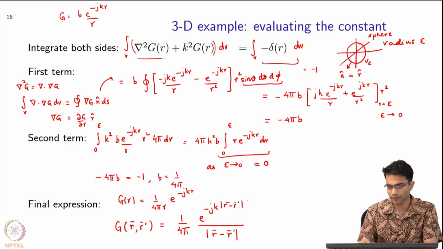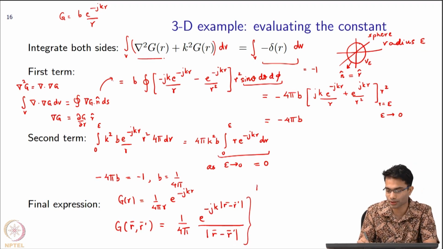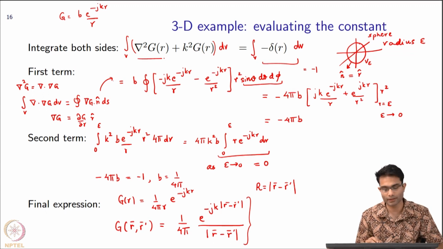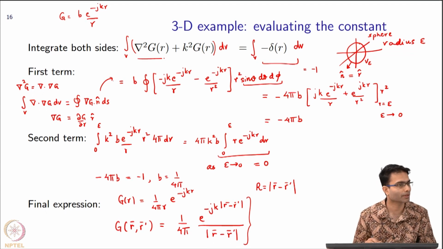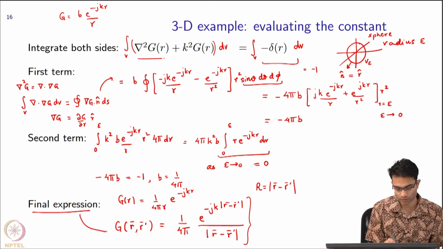In many books you will find that instead of writing it, this is slightly cumbersome to write, many people use the shortcut that capital R is defined to be mod of r minus r prime. So, you will find e to the minus j k capital R by capital R in many places. Okay, this is the final expression.